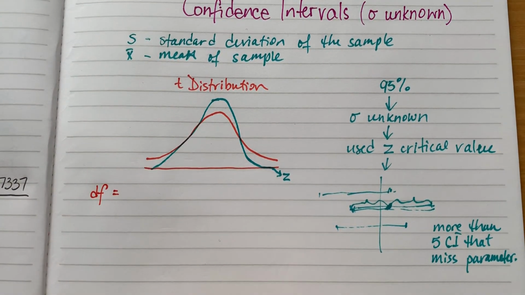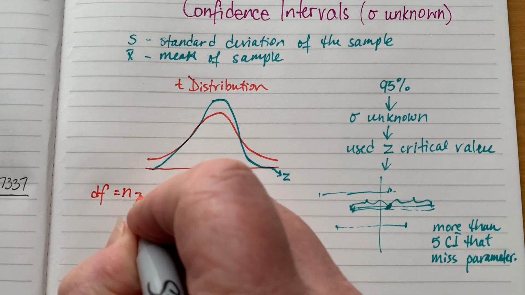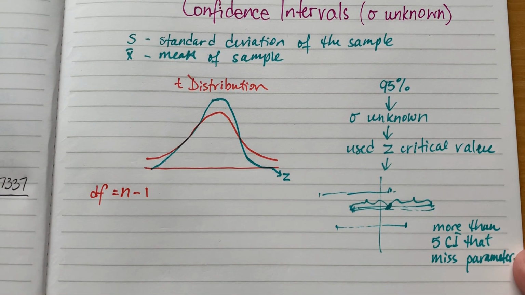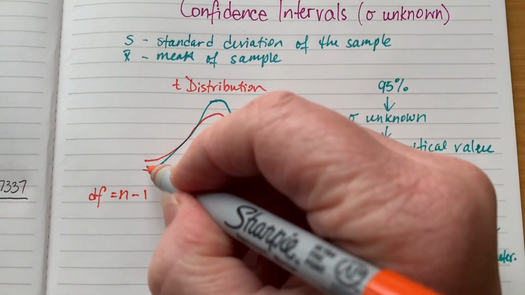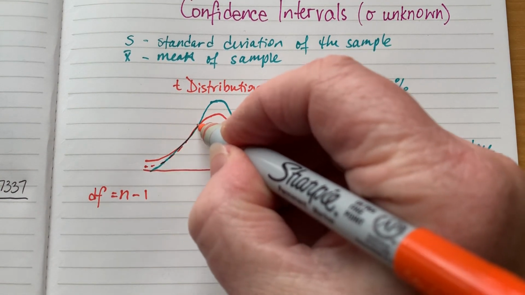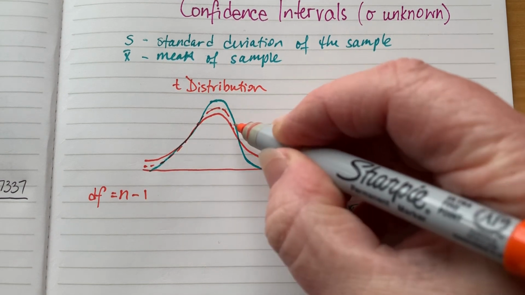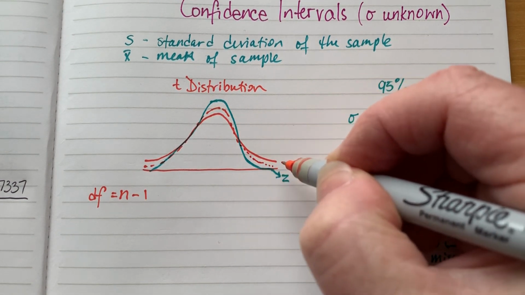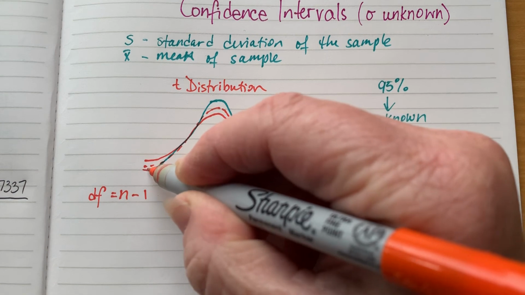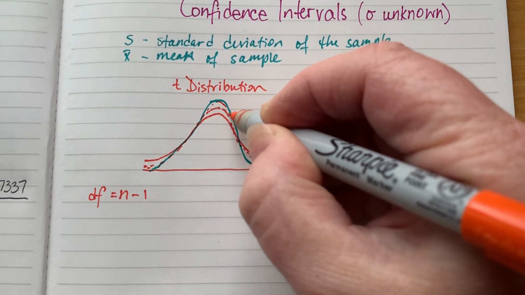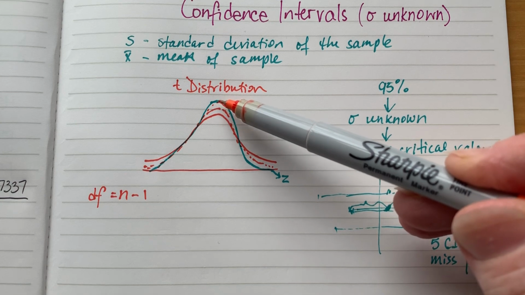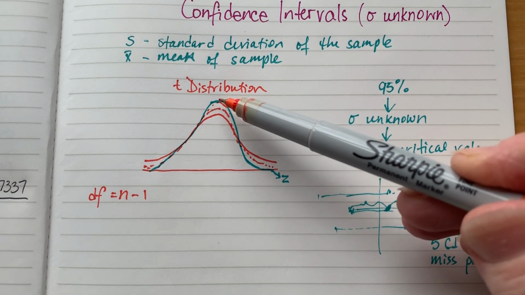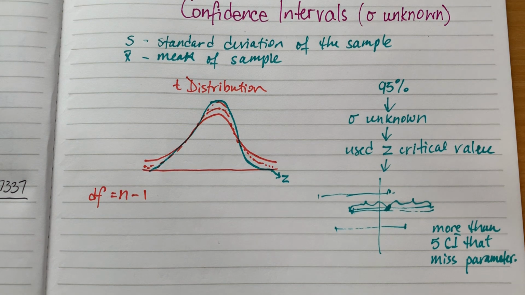Degrees of freedom are one less than the number of things in our sample. The greater the degrees of freedom, the closer we come to a normal distribution, and the thinner these tails become. And eventually, in the infinite, we approach the z distribution.